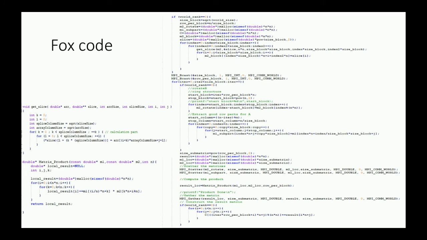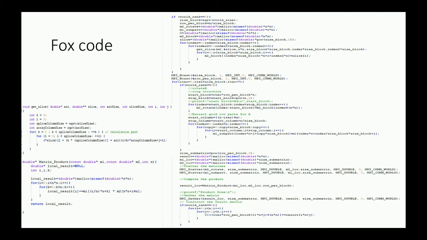And then for the Fox algorithm, we proceed in a different way. First, process 0 must broadcast. At process 0 we start by making some slices of B, which are going to be the slices used for the matrix multiplication.